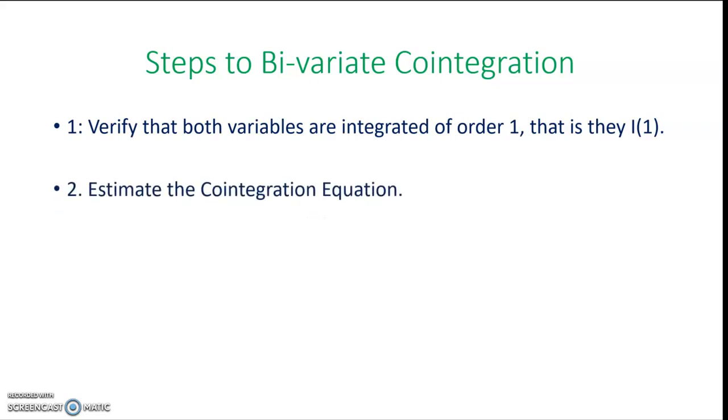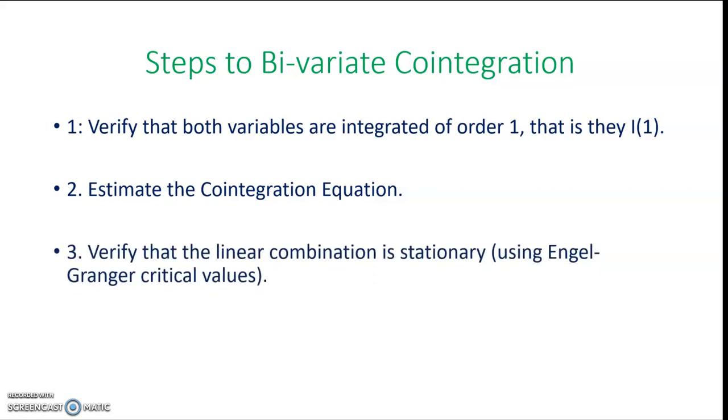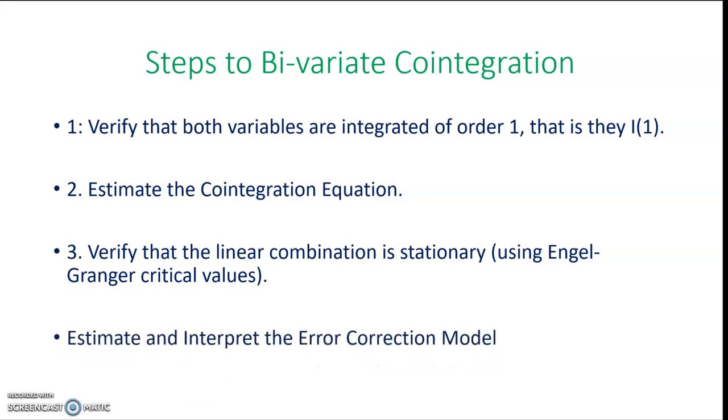The second step is to estimate the cointegration equation, and after estimating it, I'll verify that the linear combination is stationary by using Engle-Granger critical values. And finally, I'll estimate and interpret the error correction model.